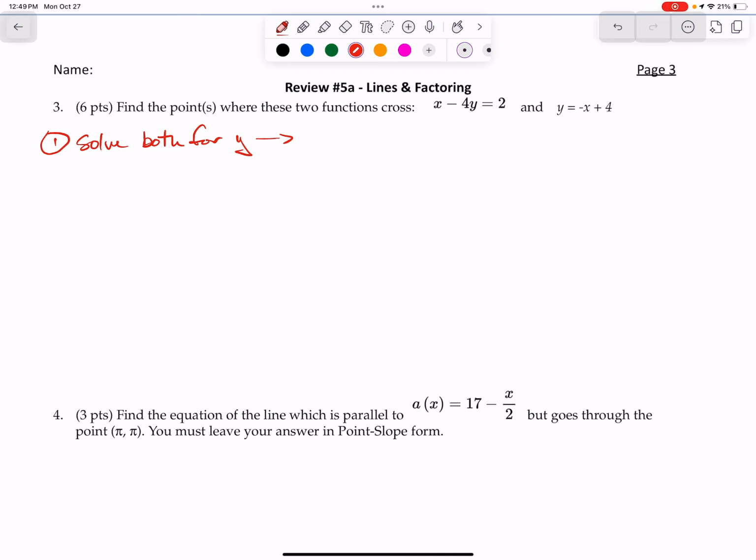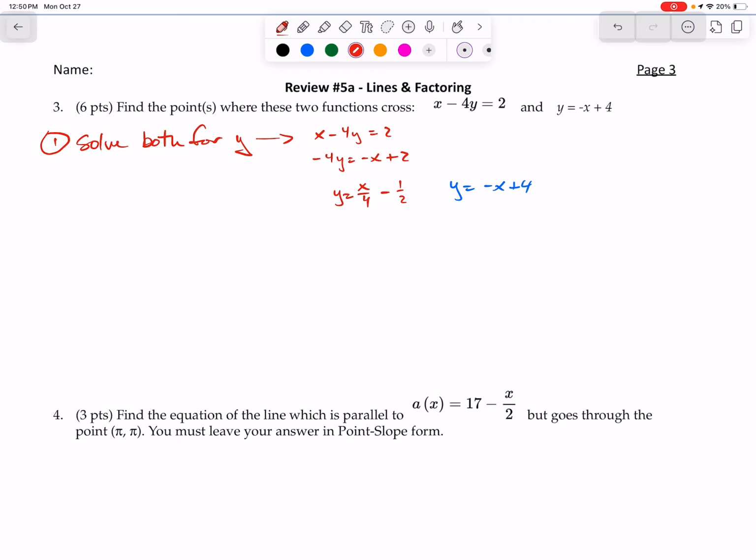So we get x minus 4y equals 2, minus 4y equals minus x plus 2, y equals x over 4 minus 1/2. And the other one's already done. Y equals minus x plus 4.